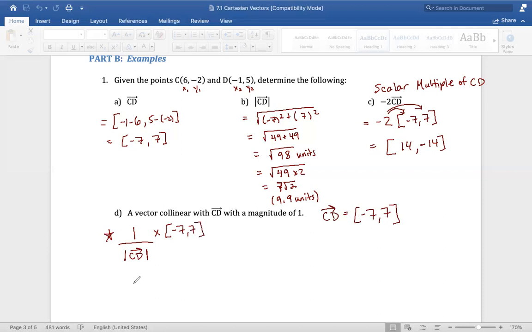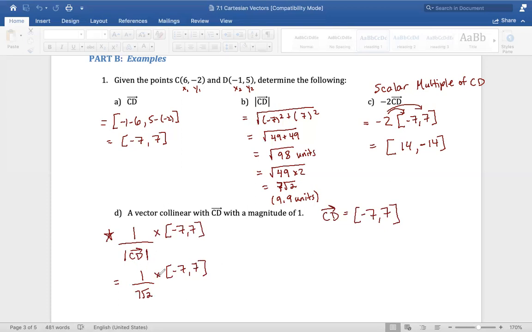So that's going to be equal to 1 over, what's the magnitude of CD? That's over here. Whether I put square root of 98, 7 root 2, or 9.9, I'm going to put 7 root 2, and then multiply that by the components, -7 and 7.